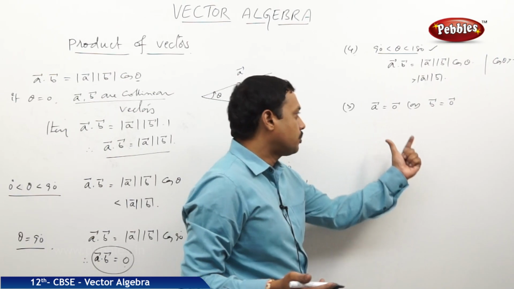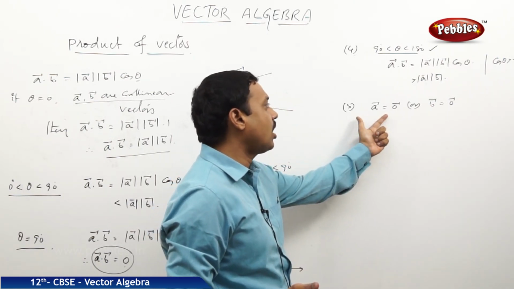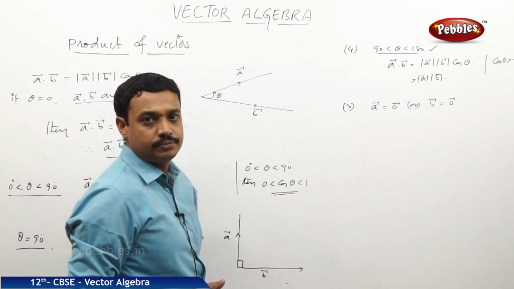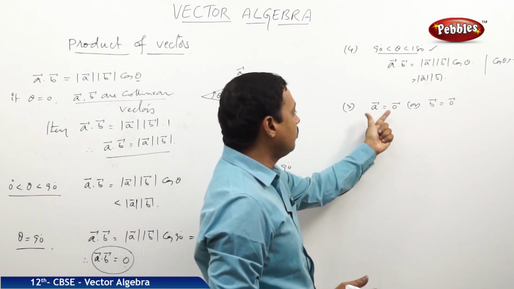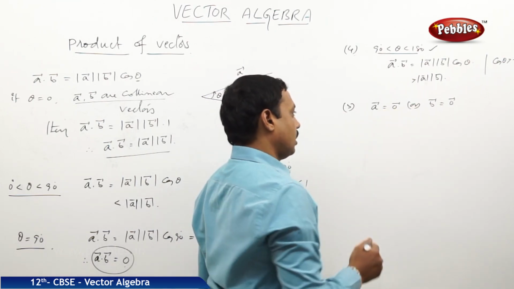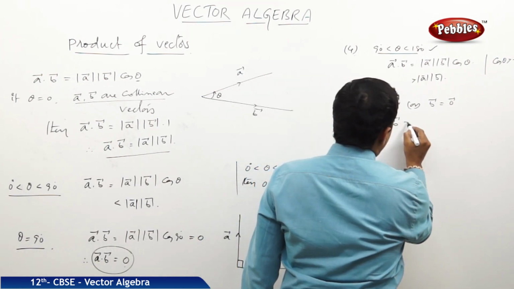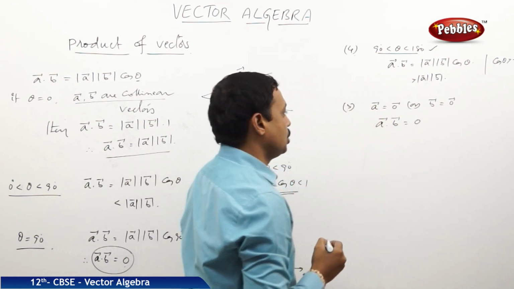Actually, the dot product is equal to 0 since the angle cannot be defined between 0 bar and B bar. If A bar is equal to 0 bar, then we cannot define the angle between the null vector and B vector. So directly we can write A dot B is equal to 0.